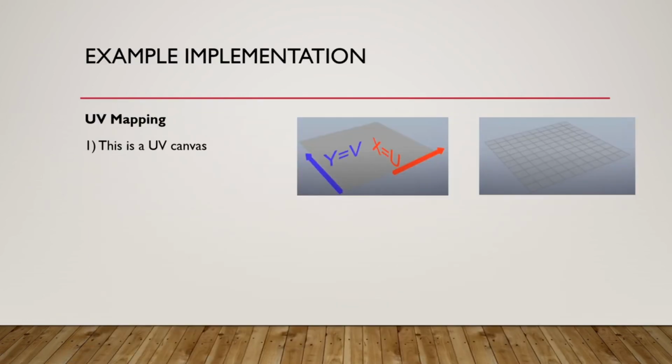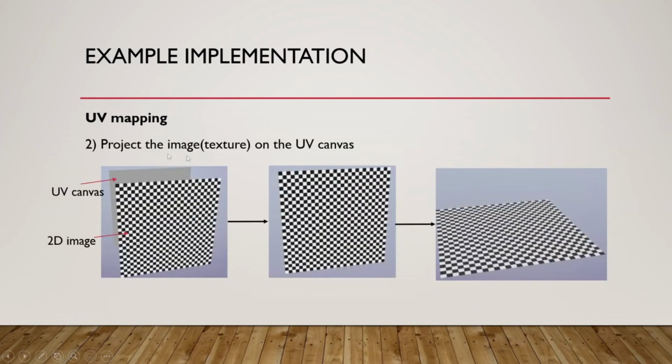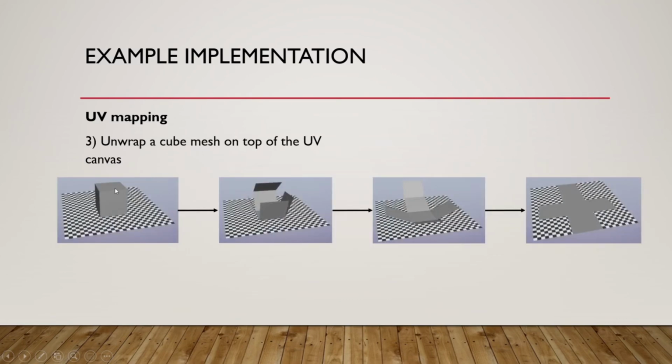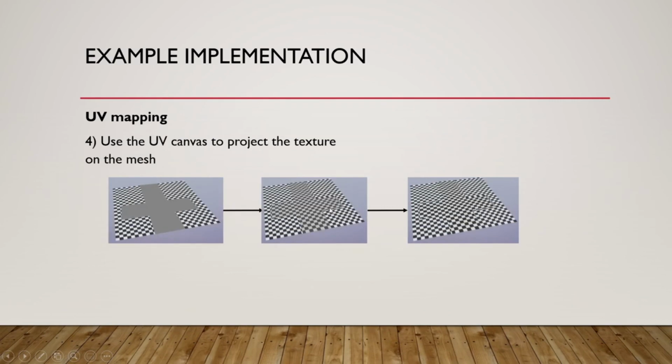So this is the basic implementation of texture mapping. This is the UV canvas. On a normal canvas, we project the image, which is a texture, on the UV canvas, and then we put a cube mesh on top of the UV canvas, and then we unwrap it like a box.